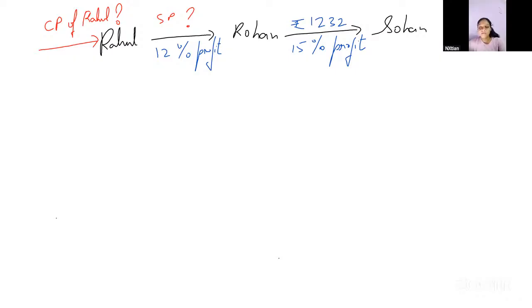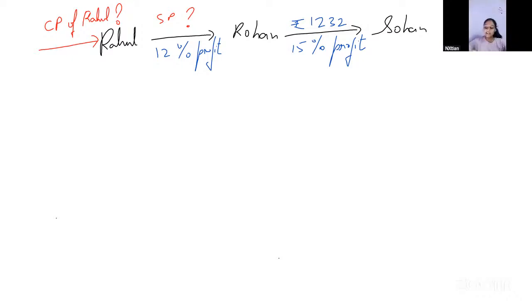Ma'am, I have a question. Yes, Abraham. Is the 15% and Rohan's cost price added, right? 1232 is with the profit added.